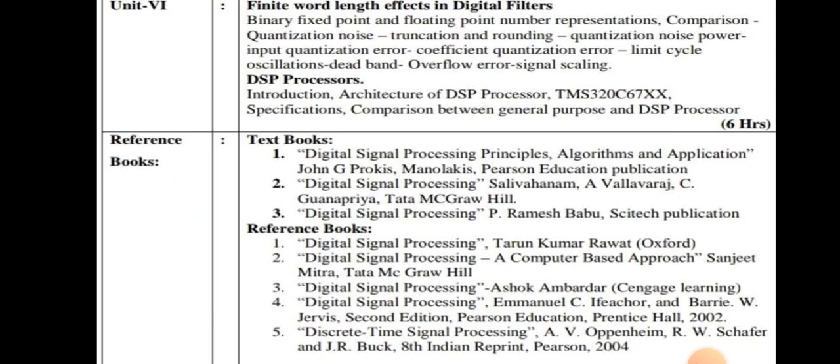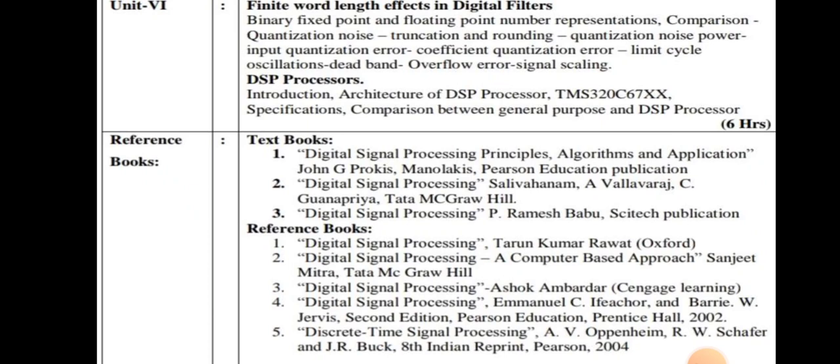These are the list of reference books. You can get the best book among these. As we go further in the syllabus, I will tell you the book that you have to refer, but still you can use any one of them.